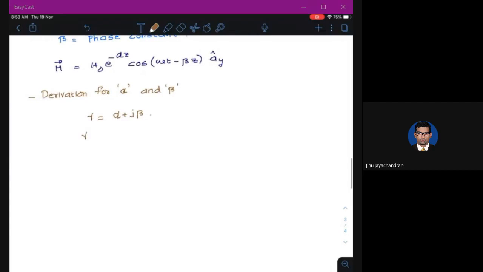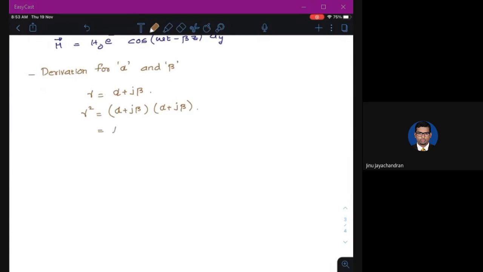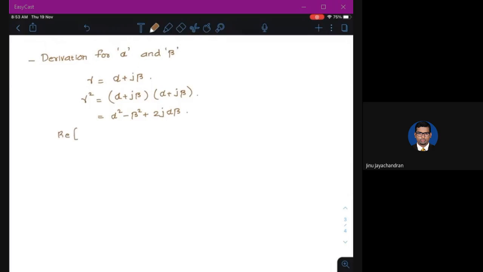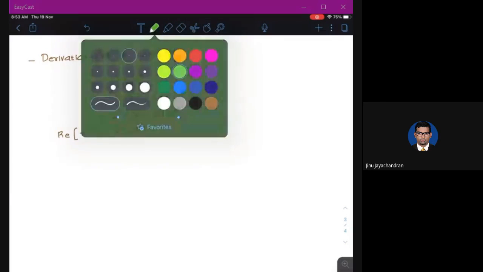Let's take the square. Gamma square is equal to alpha plus j beta into alpha plus j beta. So this is equal to alpha square minus beta square plus 2j alpha beta. This is your normal complex multiplication. Now what is the real part of gamma square? This is equal to alpha square minus beta square, because this is the real part and this is the imaginary part.